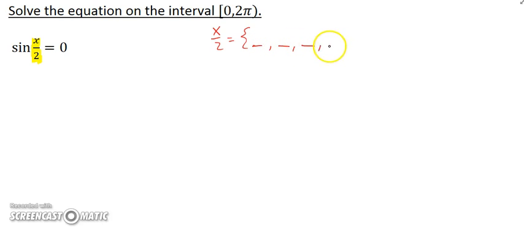But if I were to only look between 0 and 2 pi, when I multiplied this by 2, I would get too many values. So I need to think through this idea for a second.